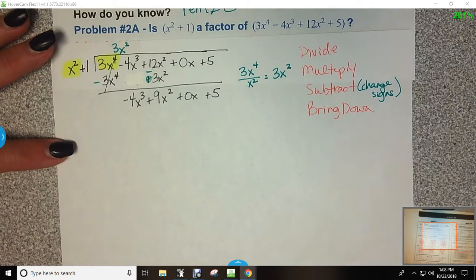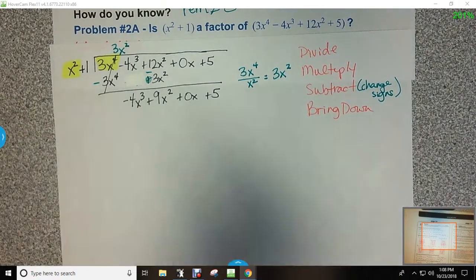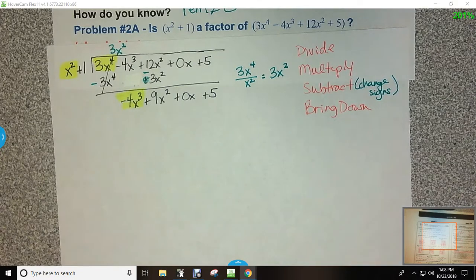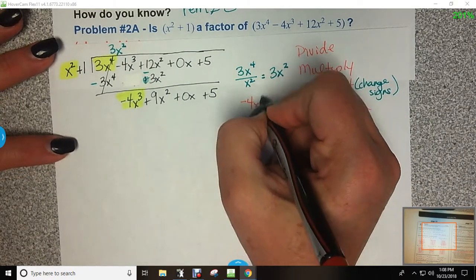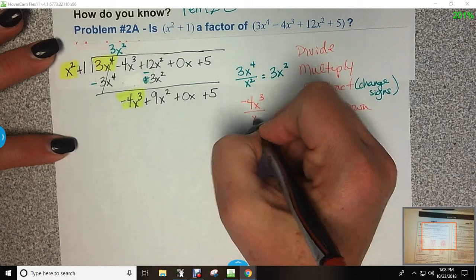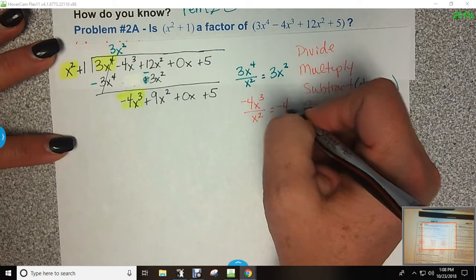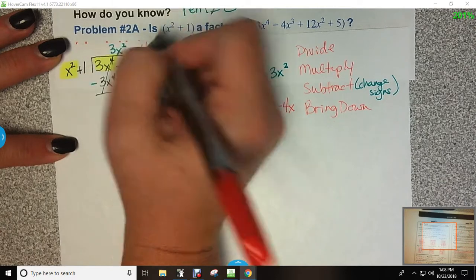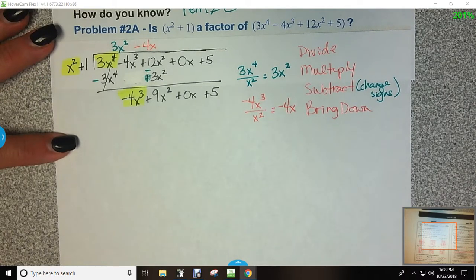So now, let's start our dividing process all over again. I'm going to take the first term here and divide it by the first term out front. So it's negative 4x cubed divided by x squared gives me a negative 4x. So on the top of the house, I put negative 4x. And then I'm going to multiply negative 4x times everything out in front.